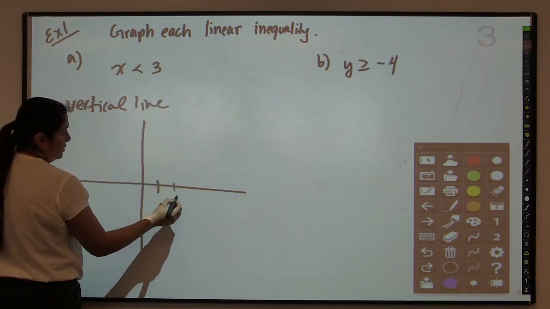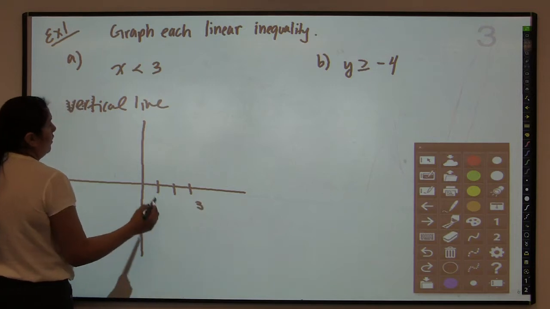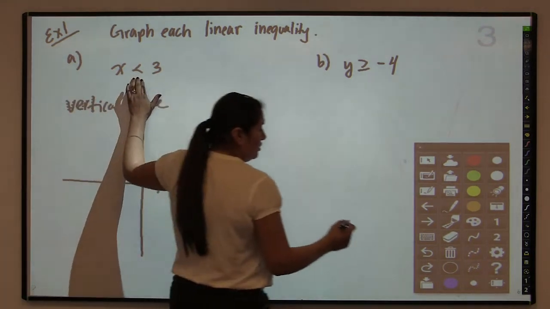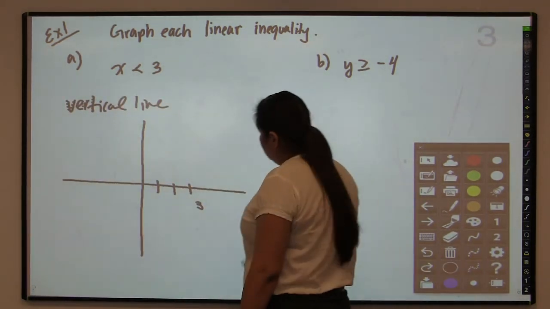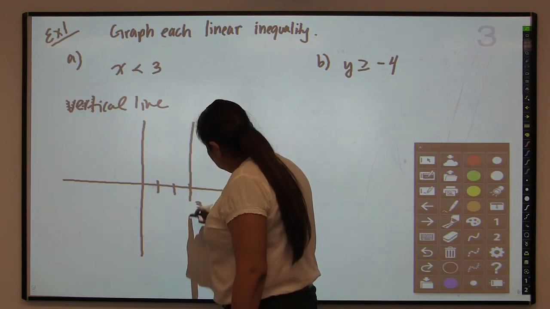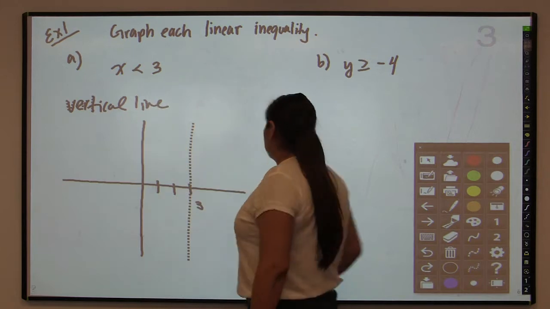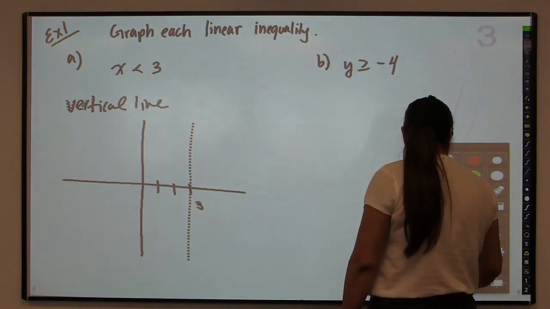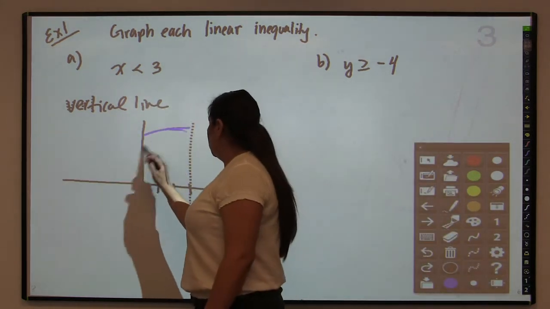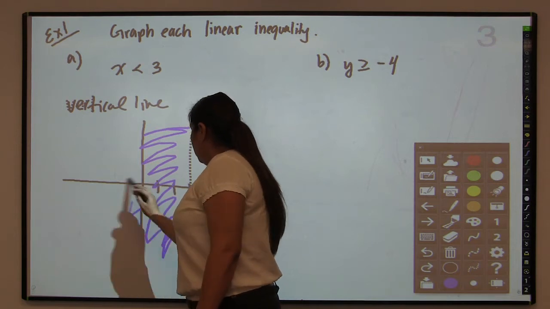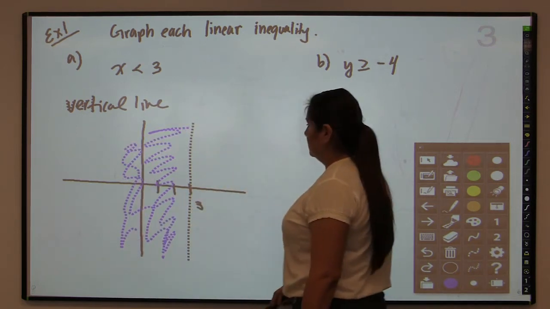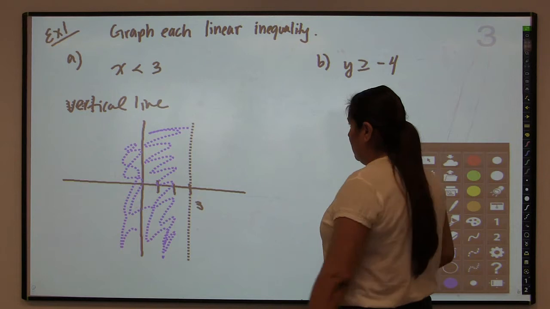So 1, 2, 3. And because it doesn't have an equal to, this boundary line is going to be dashed. And because it's a less than, I'm going to shade to the left. And so this is where I shade. That's pretty much how simple that is. It really shouldn't be dashed like that, but you get the idea.